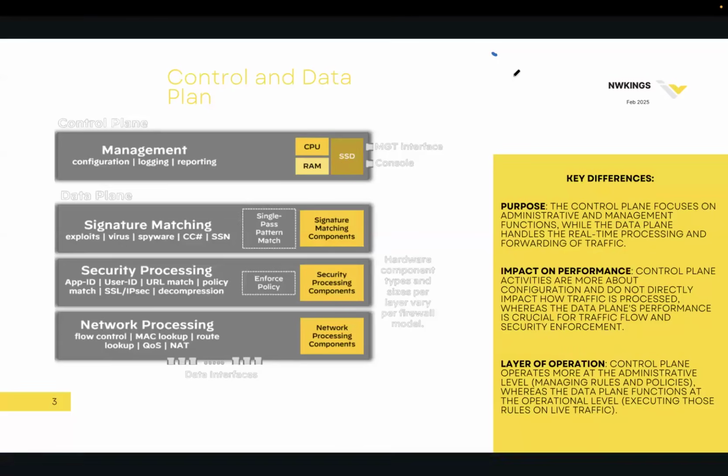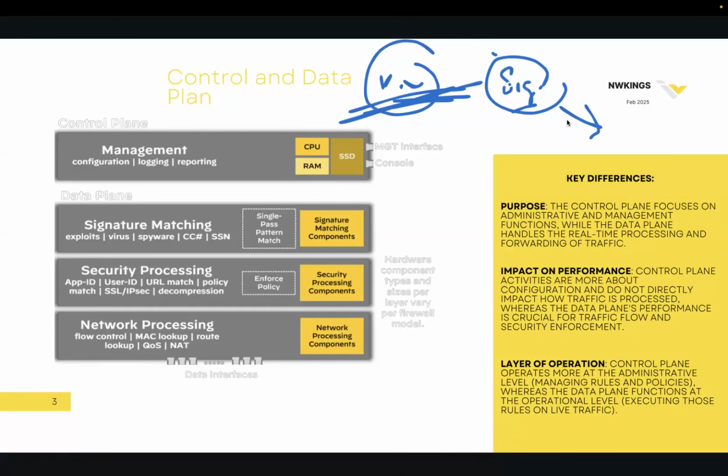Basically, it has all kinds of virus signatures. If traffic is coming and it matches one of the signatures existing in its database, that means it belongs to a virus. So it is basically matching the signature. All this activity will be done here in the data plane. Okay, for example virus, spyware or anything.